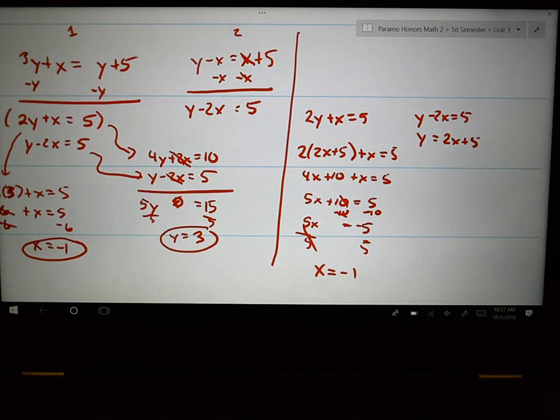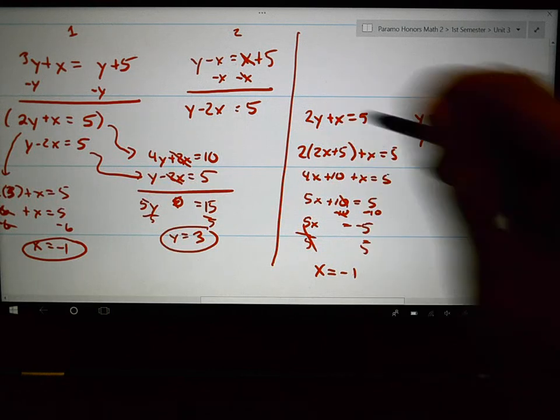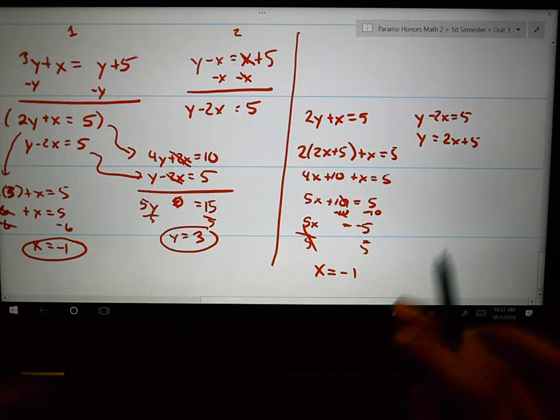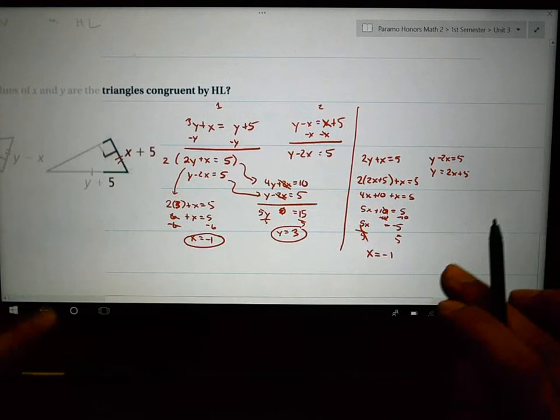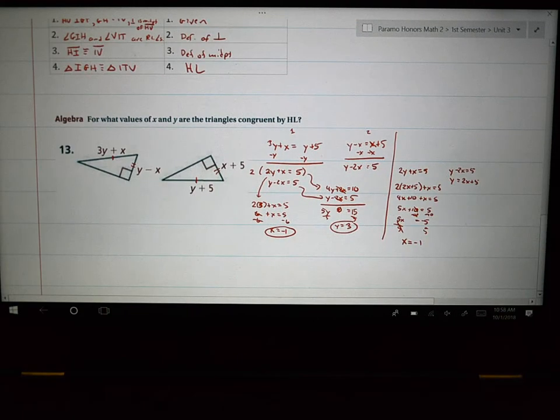If you do both methods, you should get the same answer, assuming your algebra is correct. And then with the substitution method, you take your answer and plug it back in to find the other variable. Which brings us to the end of your notes for this section.